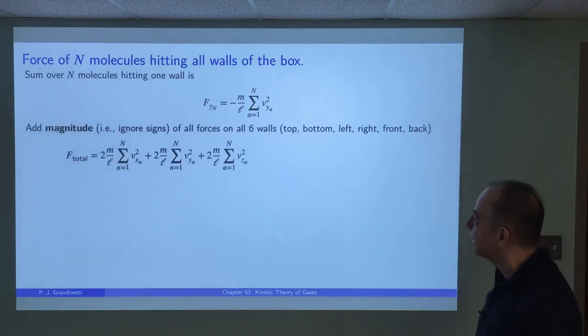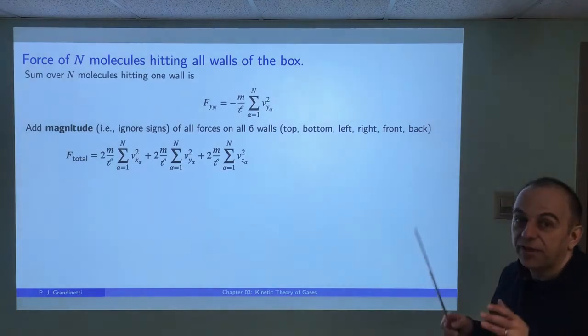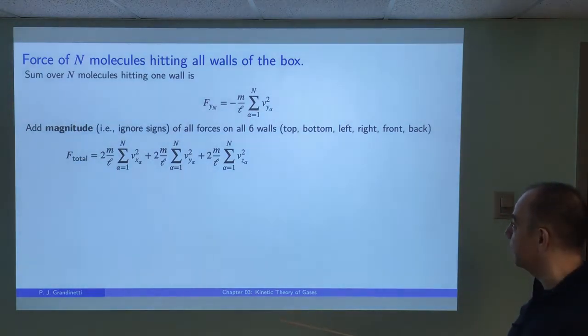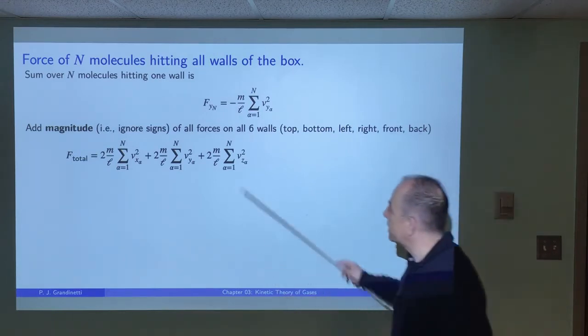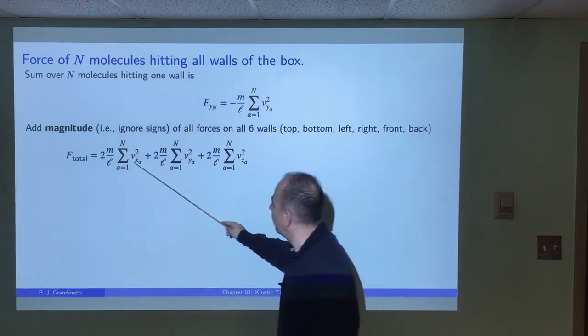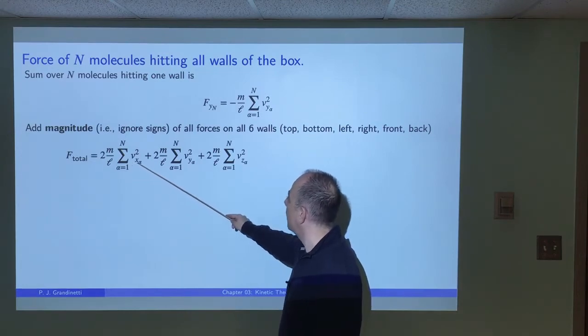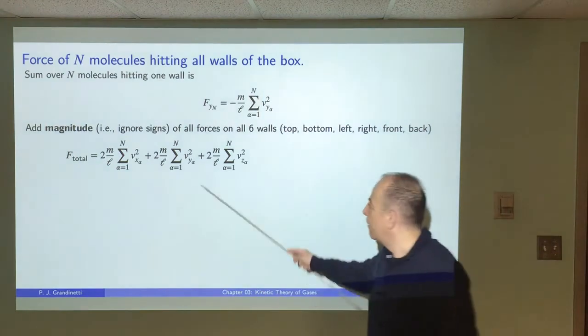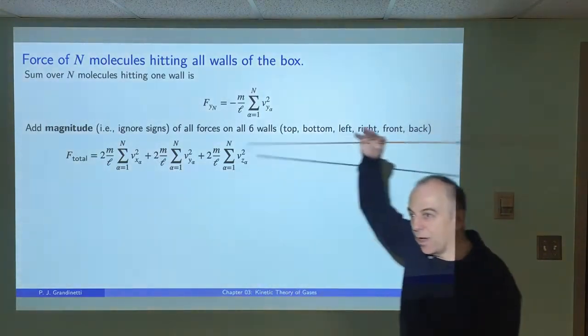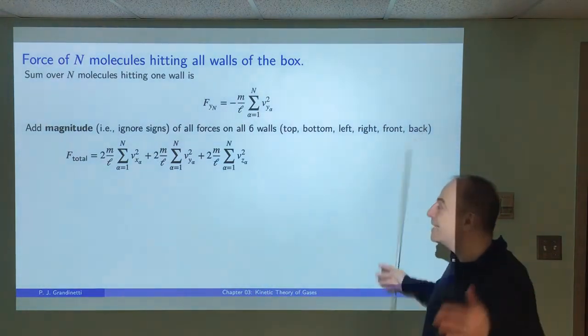Now, if we want to get the force of n molecules hitting all 6 walls, meaning top and bottom, left, right, and front and back, then we're going to take the magnitude of this, and we're going to have the x component, and it's going to be times 2 because there'll be 2 walls along x. We're going to have the y component and its 2 walls, and then we're going to have the z component and its 2 walls.